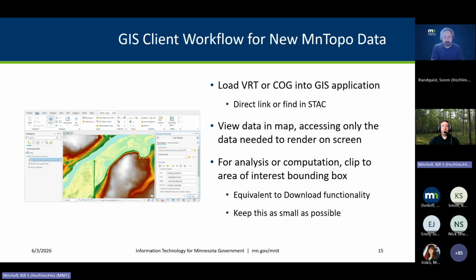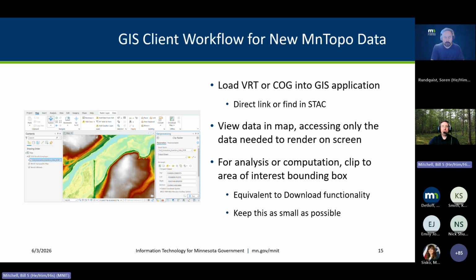Here we're going to streamline that and show you how you can go straight into your GIS client, load the data directly, and then clip to your area of interest. In doing so, you're only viewing the data that you need in your map. You don't need to get any of the data that you aren't asking for.